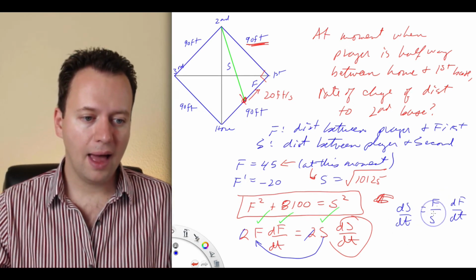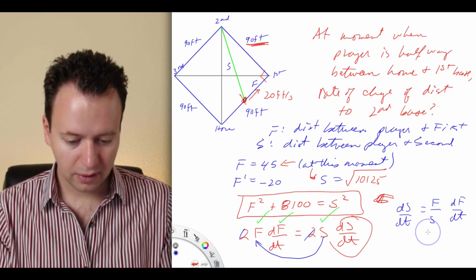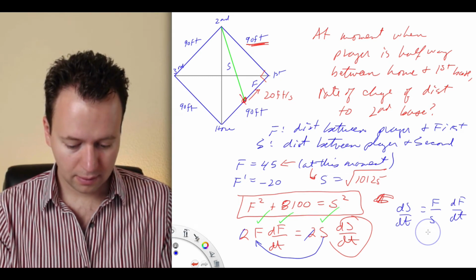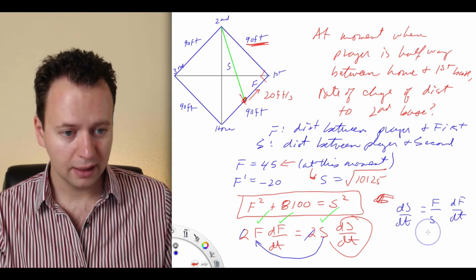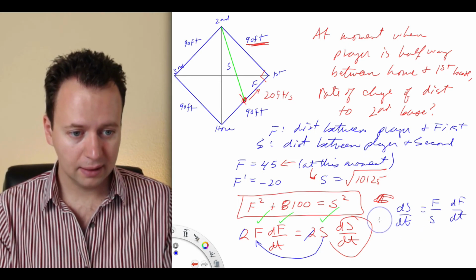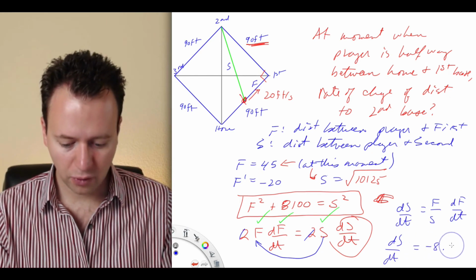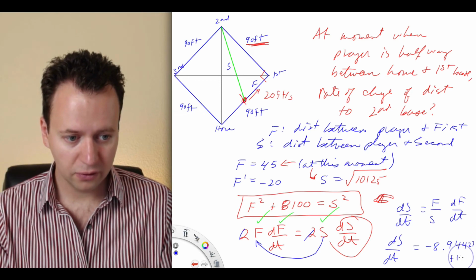So F over S, F was 45, divided by the square root of 10,125, and then multiply that by dF/dt, which is negative 20. So dS/dt is going to be negative 8.94427 feet per second.